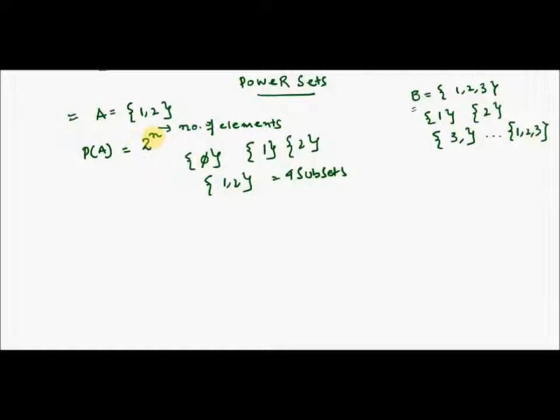And if you put 2 here, because 2 means the number of elements, 2 squared will also be equal to 4. So I hope you have got this. Now this is what we mean by power sets.